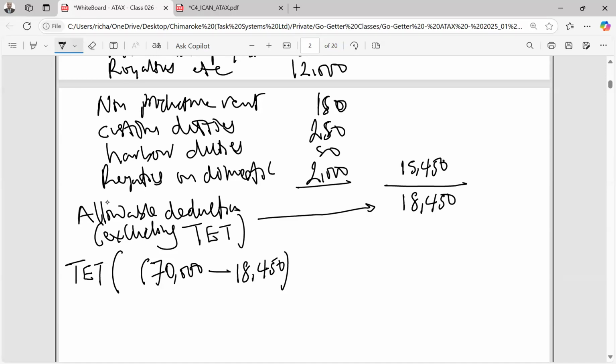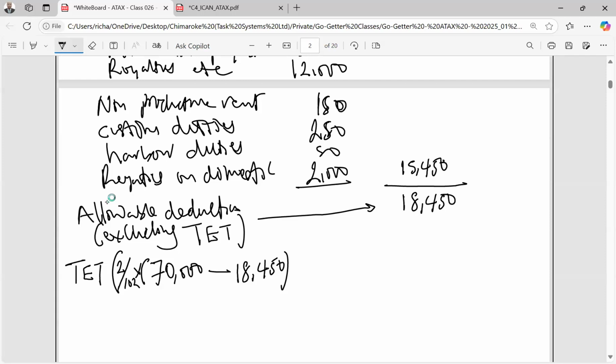Then it means that to get TET, it is going to be 2 over 102 times all of this figure. Why 2 over 102? Because we are looking for 2 out of 102. This figure is 102% of your accessible profit.